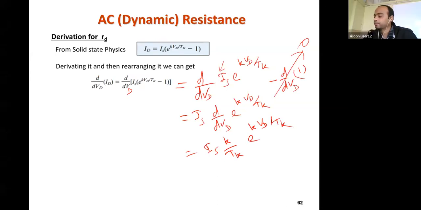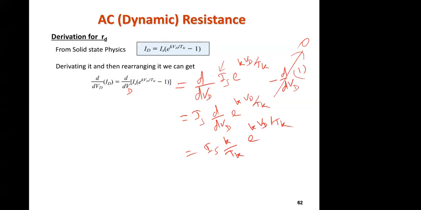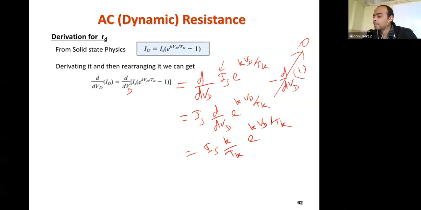Will the K cancel, sir? Which one will be cancelled? No. See, d by dVd you had. If d by dx of e to the power x is there, then its derivative is equal to e to the power x, that you know.